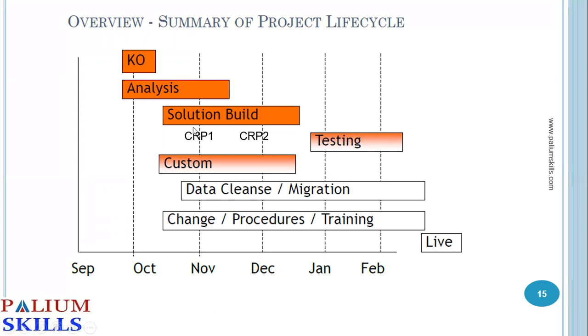And then, based on our understanding, based on our analysis, we have the solution build. When we say solution build, that is where we are configuring the system in the test environment. So we get a test environment, and from the test environment, we start configuring.